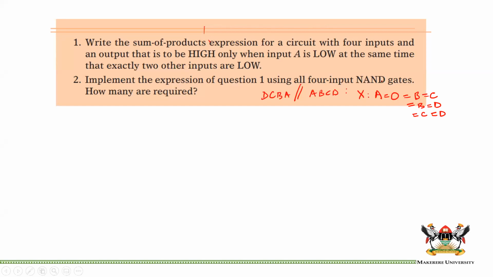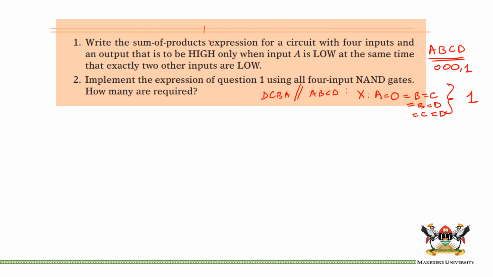So in other words, you have a scenario where you have in your truth table, let's say A, B, C, D. For these four, at least 3 of them should be 0, and the other one must be 1. When this situation happens, you get a high. All the rest are low.